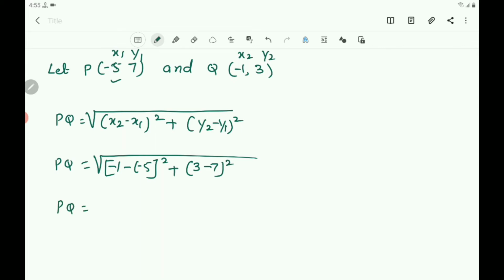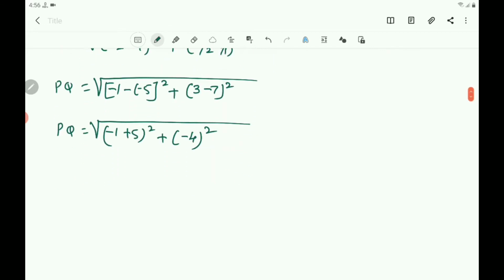Then PQ equals whole root of (minus 1 plus 5) whole square plus (3 minus 7, which is minus 4) whole square.